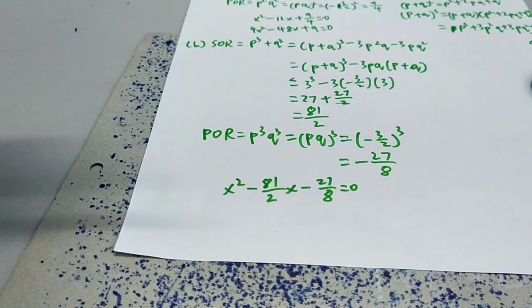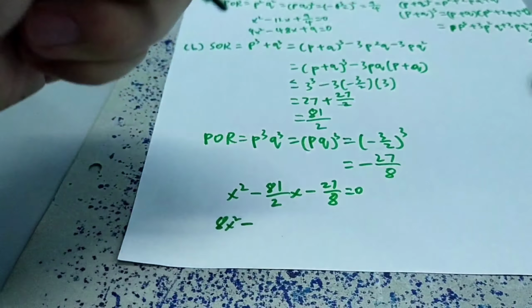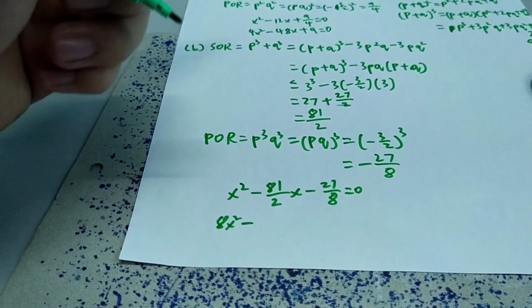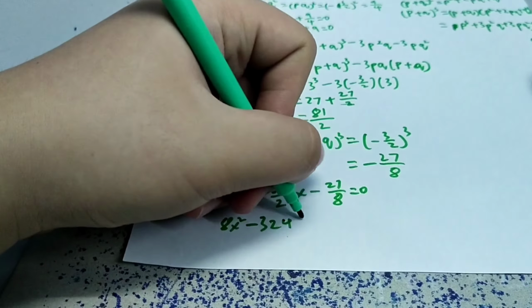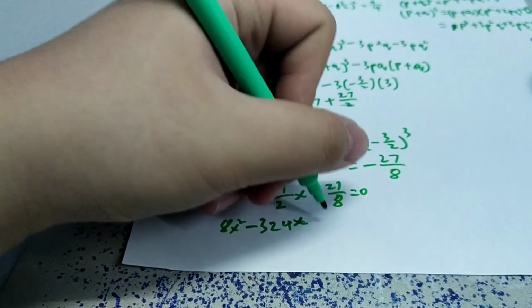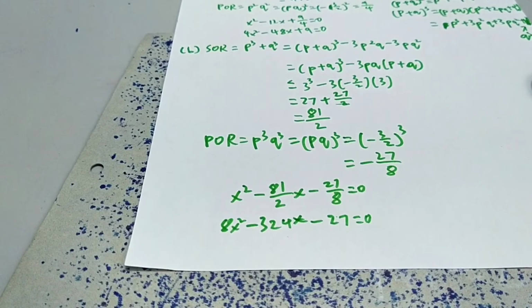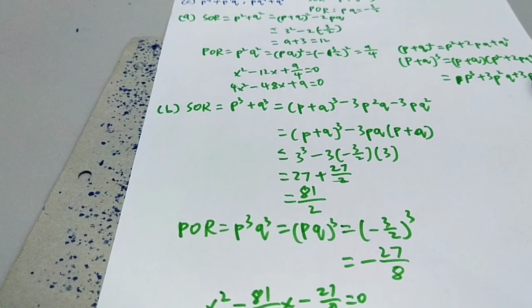I will get 8x squared minus 4 times 81, so that's 324, I think. So 324x, don't forget x, minus 27, equal to 0, and we got the equation for the roots p cubed and q cubed.